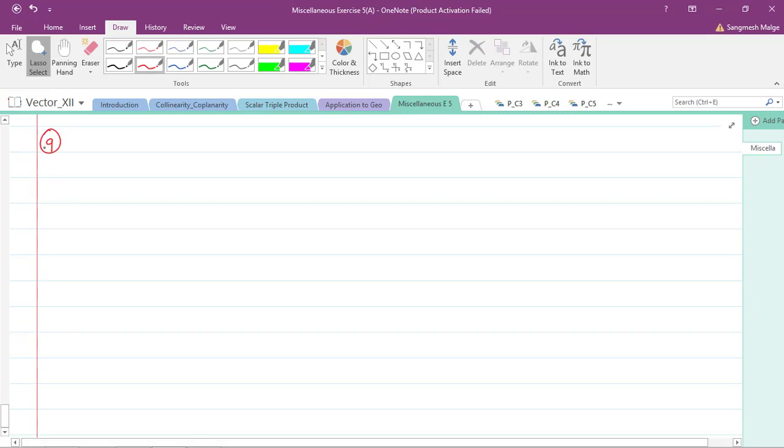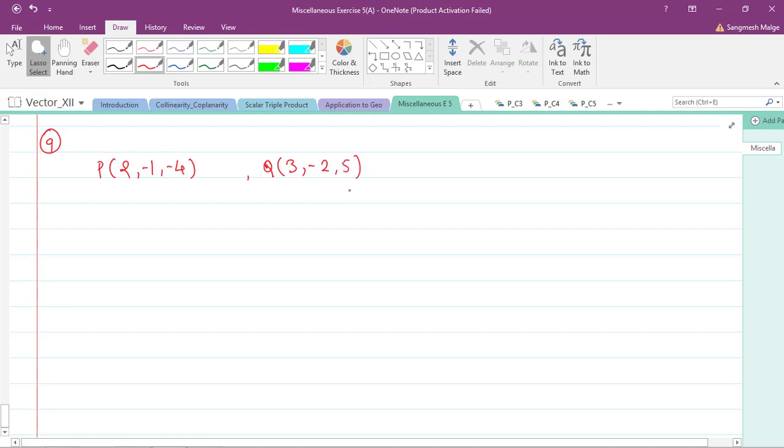Find the coordinates of a point R which divides the line segment joining the points. I will directly write down the question. We have the point P (2, -1, -4) and another point Q (3, -2, 5).